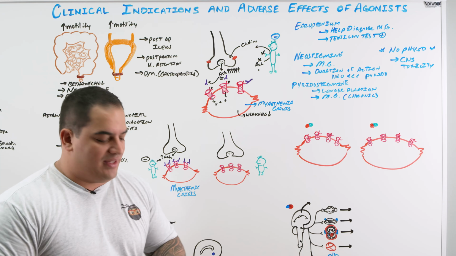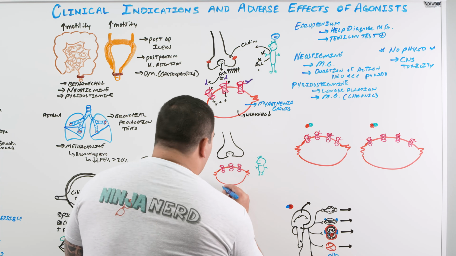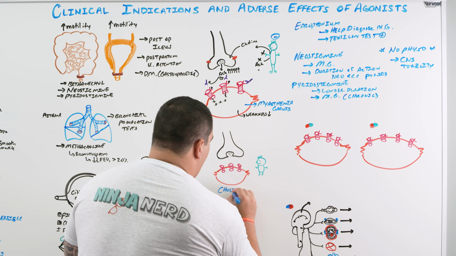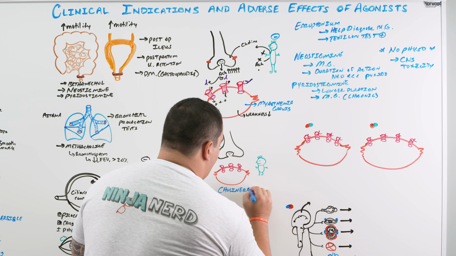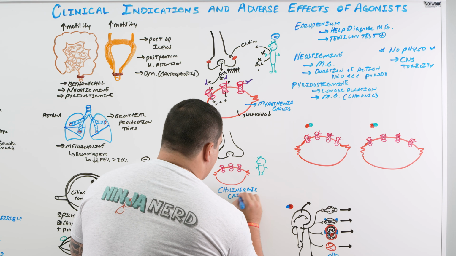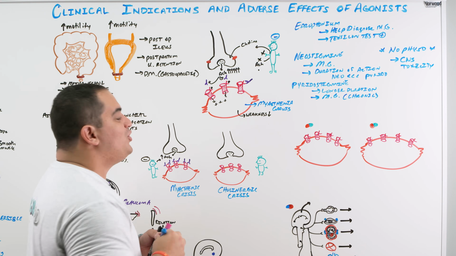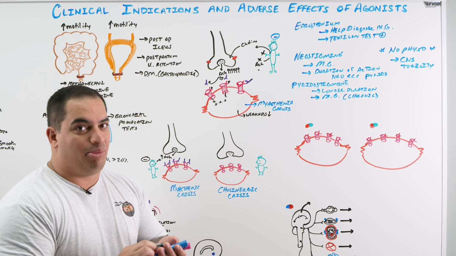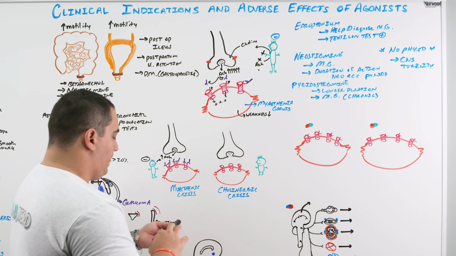The other question that you have to ask is, is this a cholinergic crisis? This is where it can be somewhat confusing initially. So a cholinergic crisis. In other words, am I giving them too much of the pyridostigmine? What does that mean?